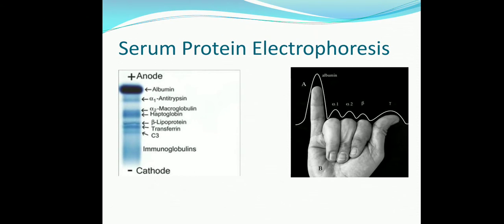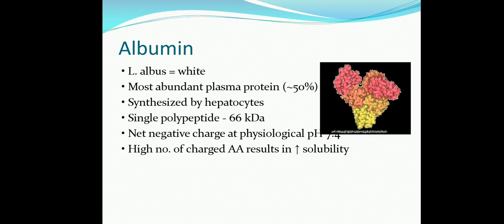Now we come back to today's main discussion, that is albumin. Latin albus means white. It is the most abundant plasma protein, about 50%, synthesized by the hepatocytes. It is a single polypeptide of 66 kilodalton size, with a net negative charge at physiological pH.